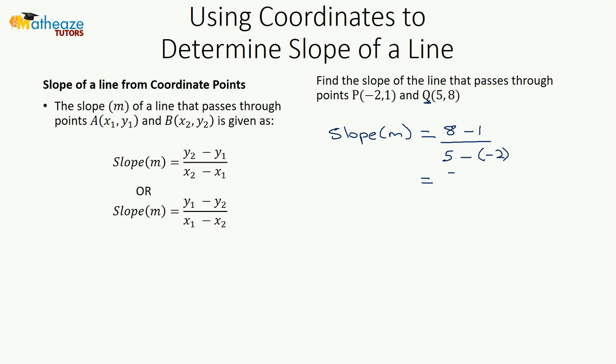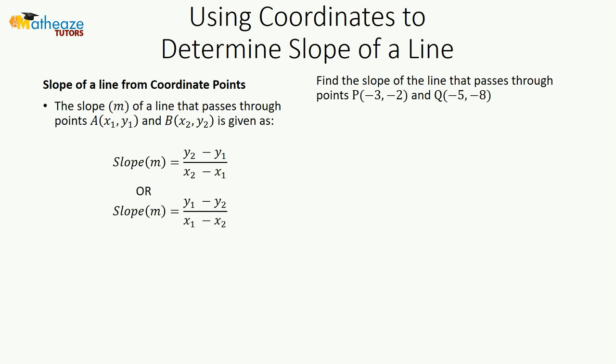So this is going to be 7 over 5 plus 2, which is 7 over 7, which is 1. So the slope m is equal to 1.